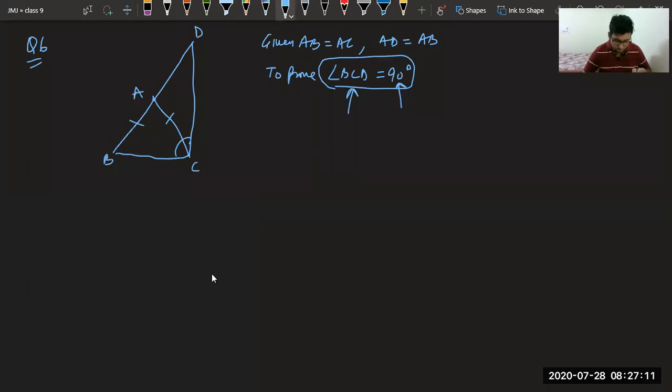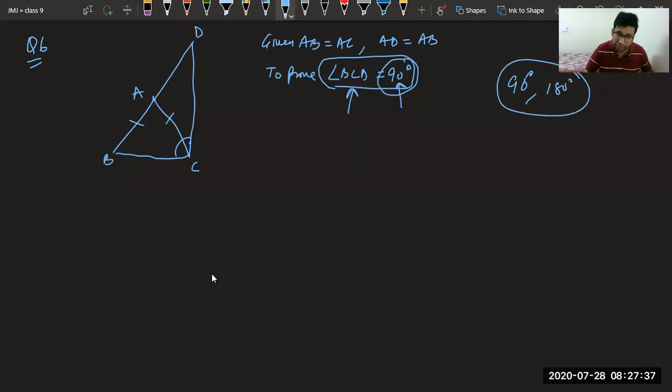All of you, which property can help you to find an angle? RHS congruency. Okay. No, Moksh, it will not help. I'm asking, yes, Utkarsh, you have to think that which property can give you angles like 90 degree, 180 degree, these angles.